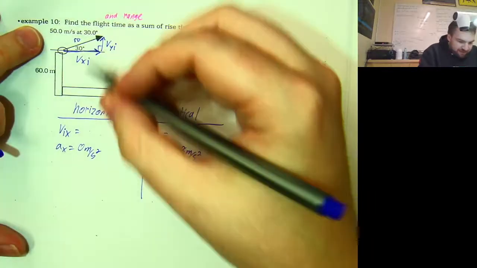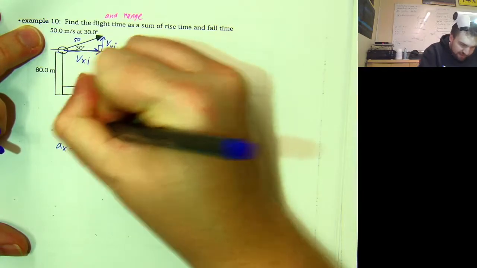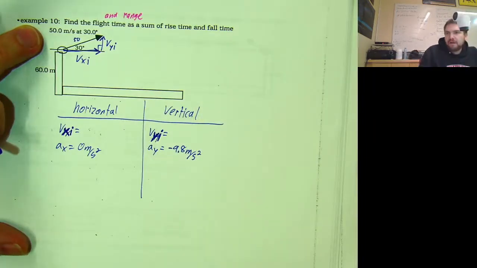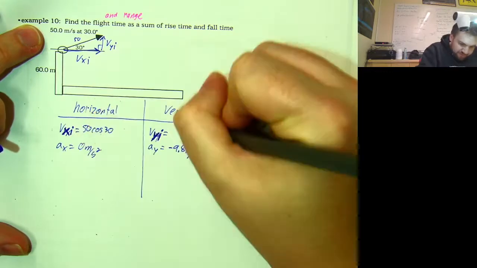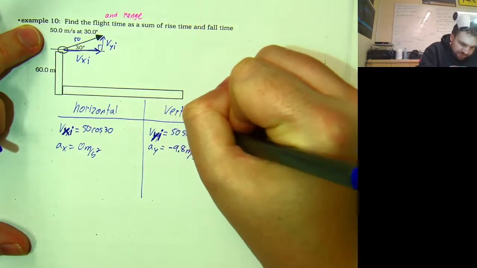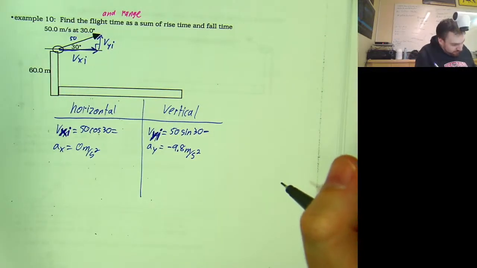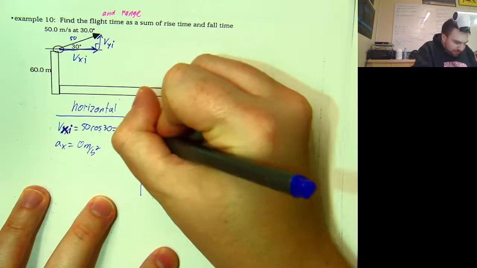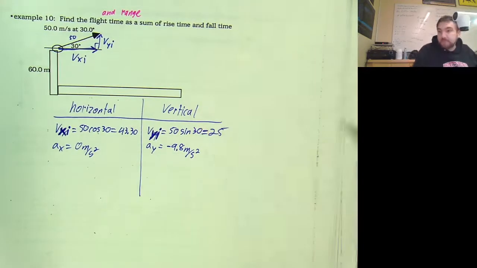So VXI, VYI, there, fixed, is going to equal 50 cos 30, and this one's going to be equal to 50 sin 30. So 50 cos 30 is 43.30, and 50 sin 30 should be 25. Good.